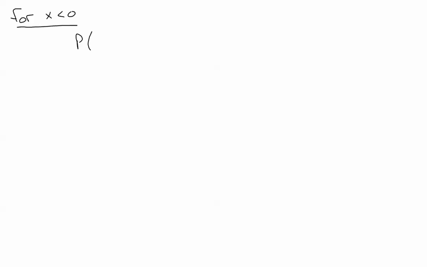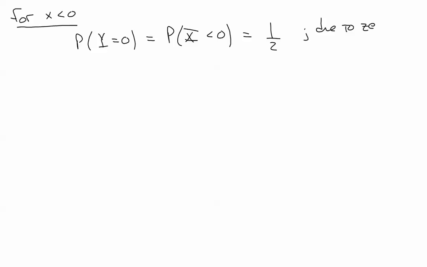The probability that y is exactly equal to 0 is the probability that x is less than 0, and that's exactly equal to 1/2, because I had a zero mean Gaussian. Due to the fact that my input probability density function was a zero mean Gaussian, it's exactly 50% likely that my random variable y equals 0.